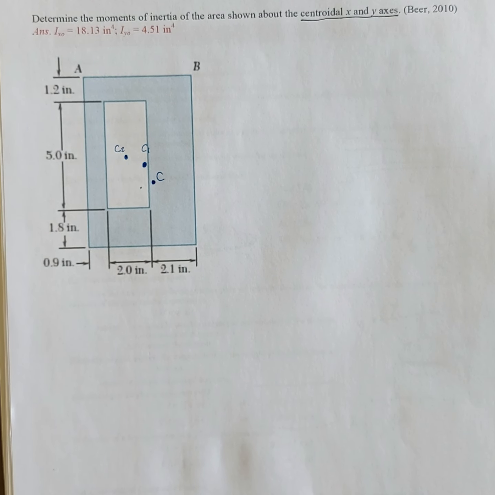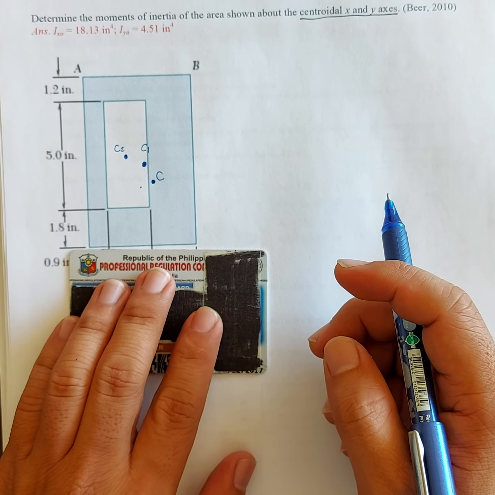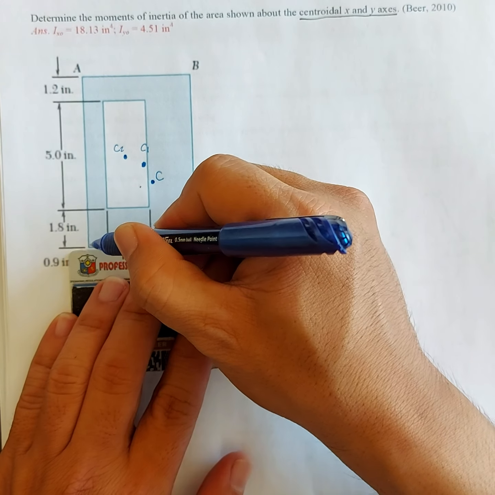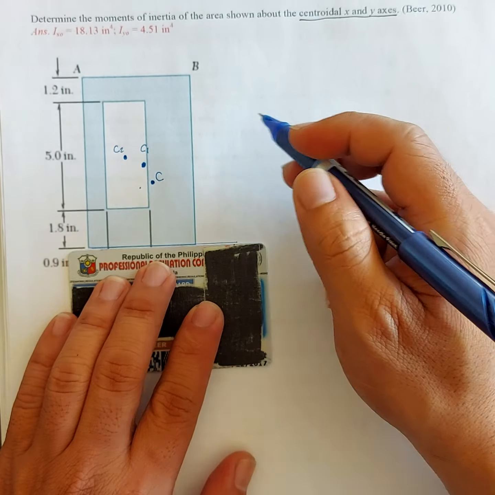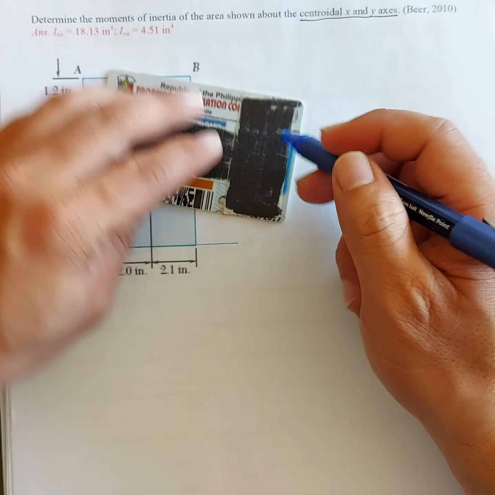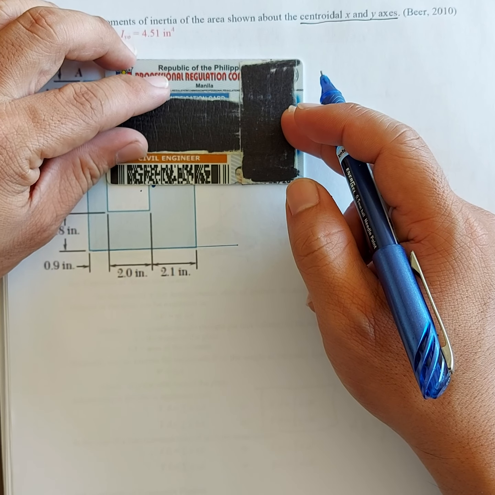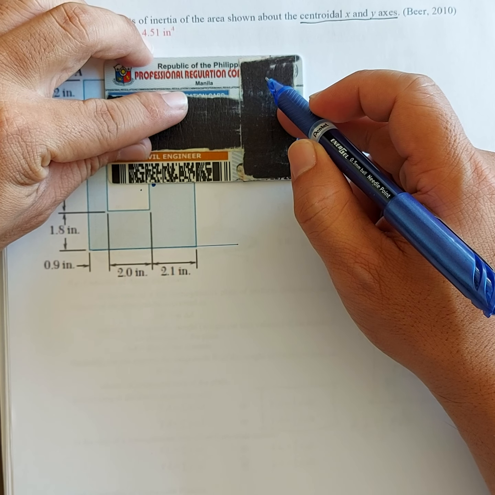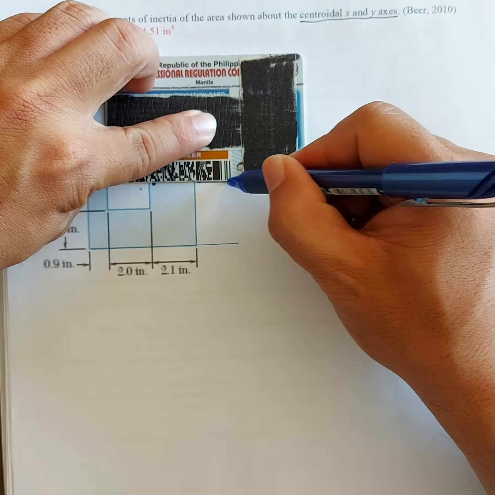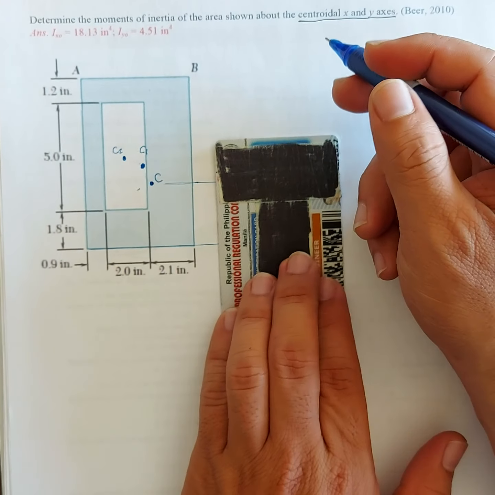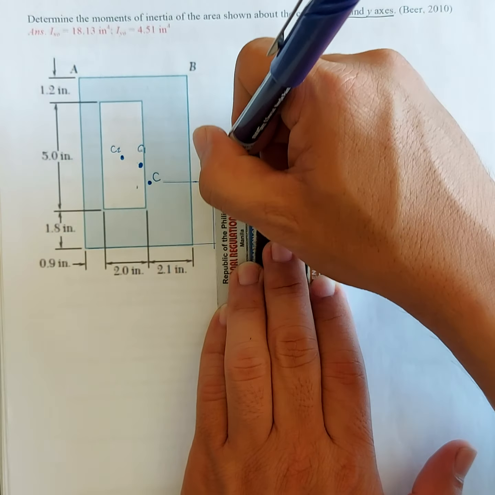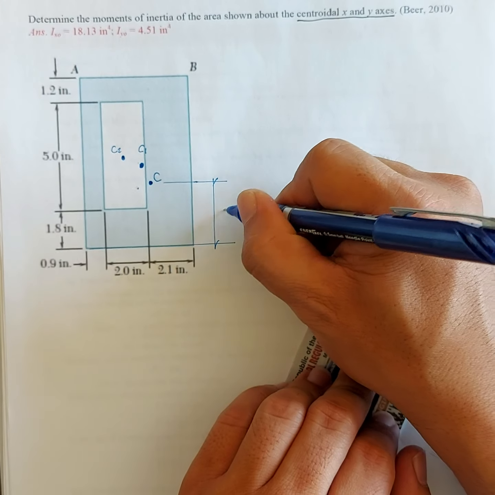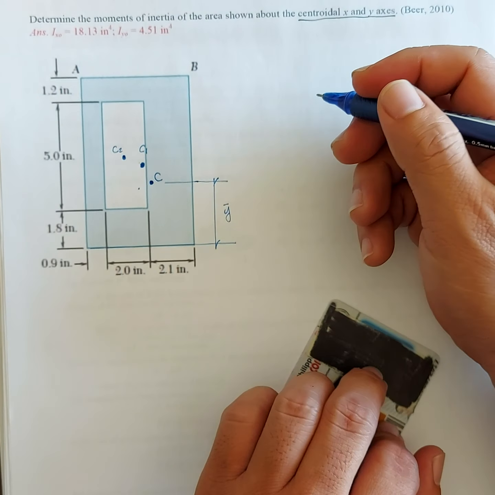So that yung location, maybe we can, ito na lang, yung base na lang niya ang reference axis natin sa pag-locate ng center. Okay. So yung distance ng center from the base, let's say y bar. Okay.